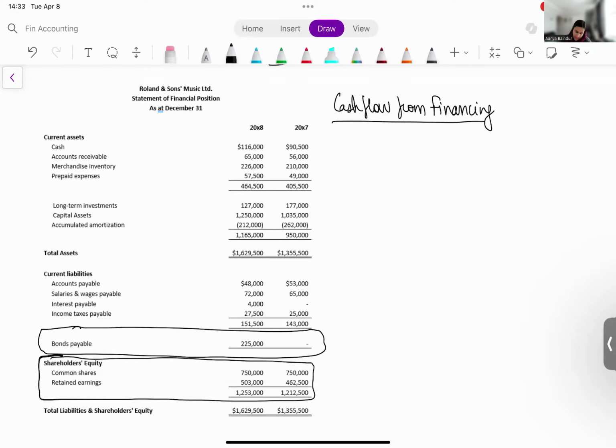Long-term liabilities have increased, which means our bonds payable has increased, which causes an increase in cash, right? If we've issued a bond, that means we received cash for it. So add increase in bonds payable of 225,000.